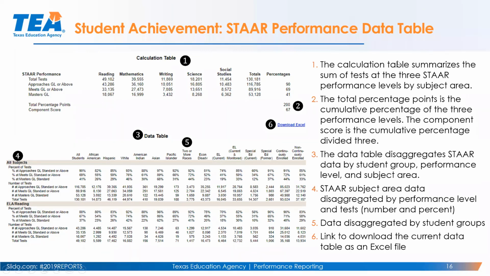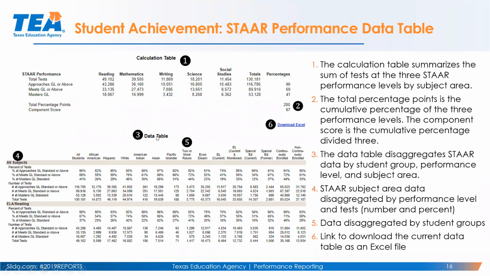From here, I can see that I have a total count of all tests at the approaches, meets, and masters grade level, which is a numerator and denominator of all tests at each level. Those three percentages are added up to get a 200, or a total of percentage points. That is then divided by 3 to get my component score, or a 67.